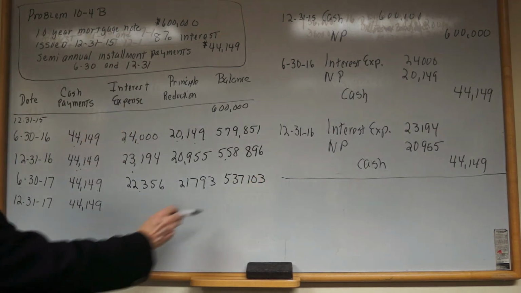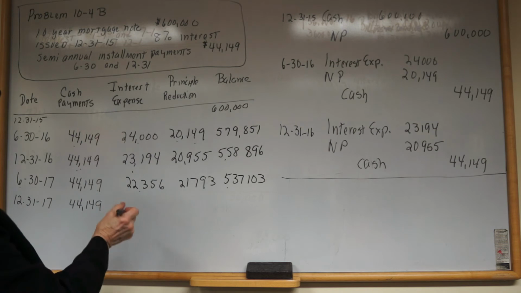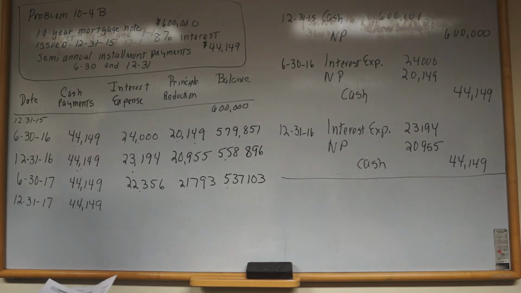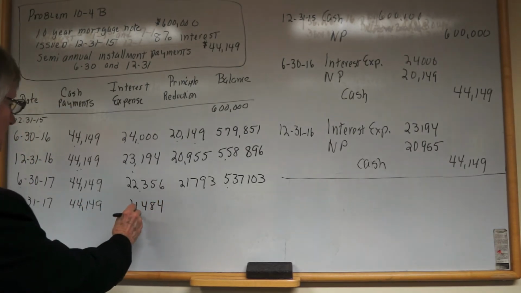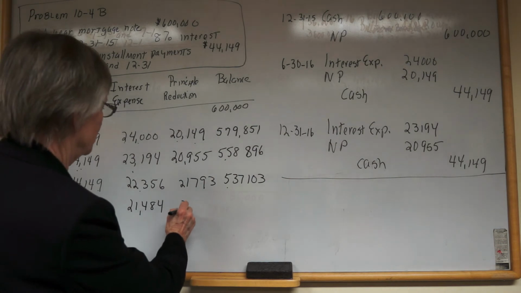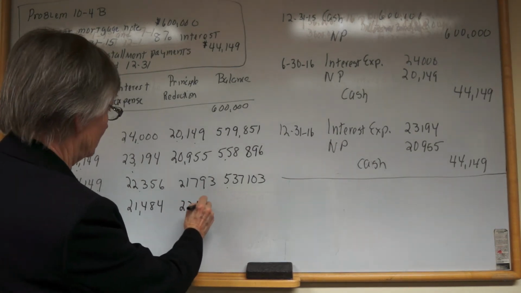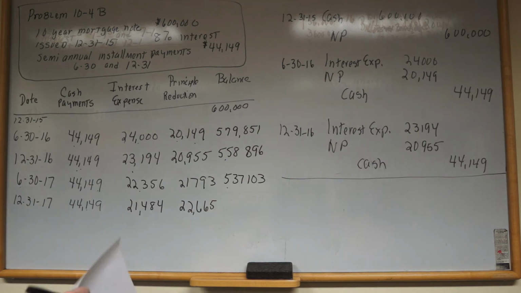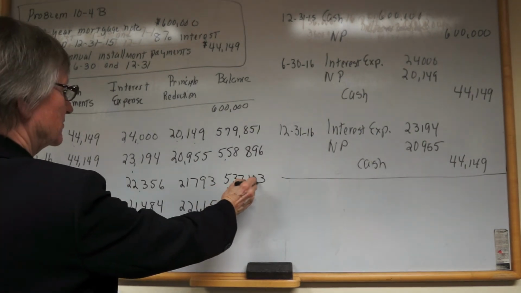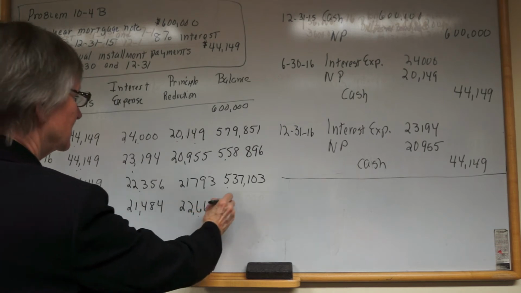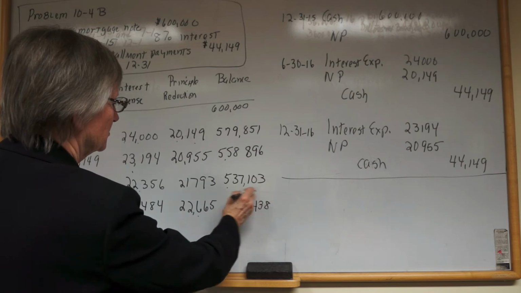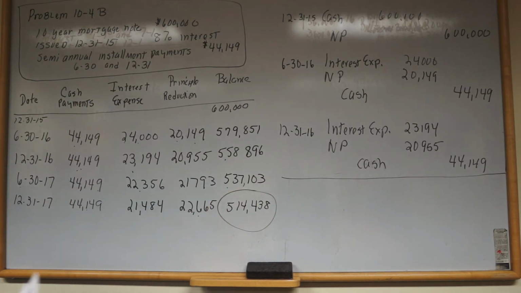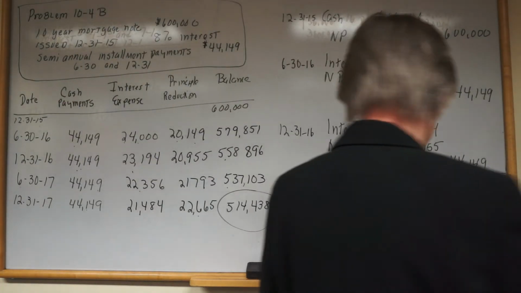We do the same thing, multiply the 537,103 times 8% divided by 2, and we would end up with 21,484. This minus the 21,484, we paid off 22,665 of the principal. And so we go to 537 previous balance minus what we just paid off, and we end up with 514,438. And this is the number that we're looking for to answer the next part of the question, which is to prepare the partial balance sheet at 12/31/17.